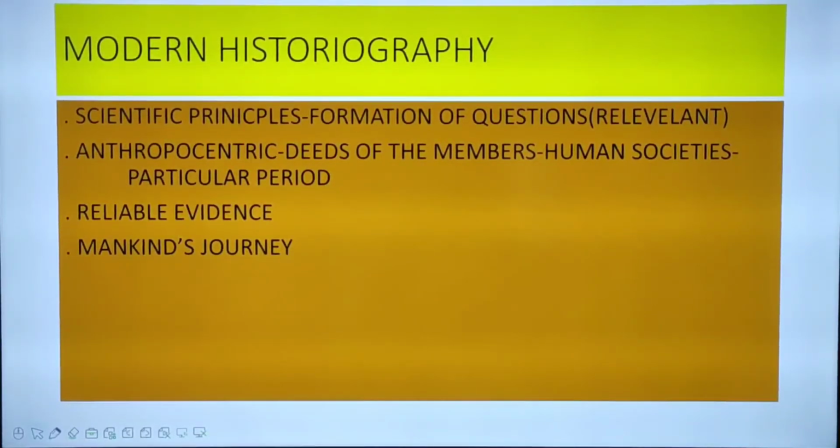Slowly, as time passed by, many European universities started showing a lot of interest in the field of history. They started coming up with different logical reasons, and that is how slowly the department of history came into existence. And the first university which came into existence was in Germany, Göttingen University. And later on, slowly, it became an independent department of history.